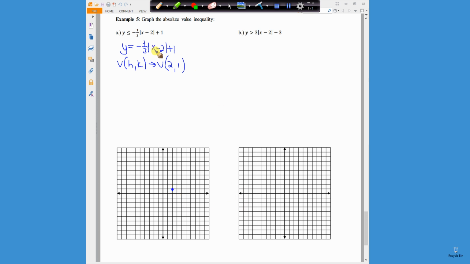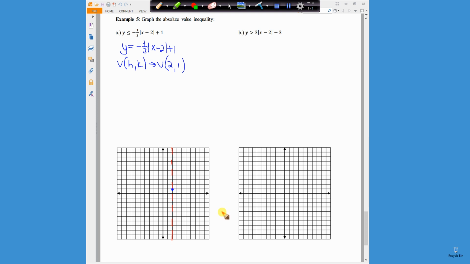All right, but now remember how you graph an absolute value function: you use the axis of symmetry. So let me switch colors here. Here's the axis of symmetry. If (2, 1) is the vertex, then this is the axis of symmetry through the vertex.